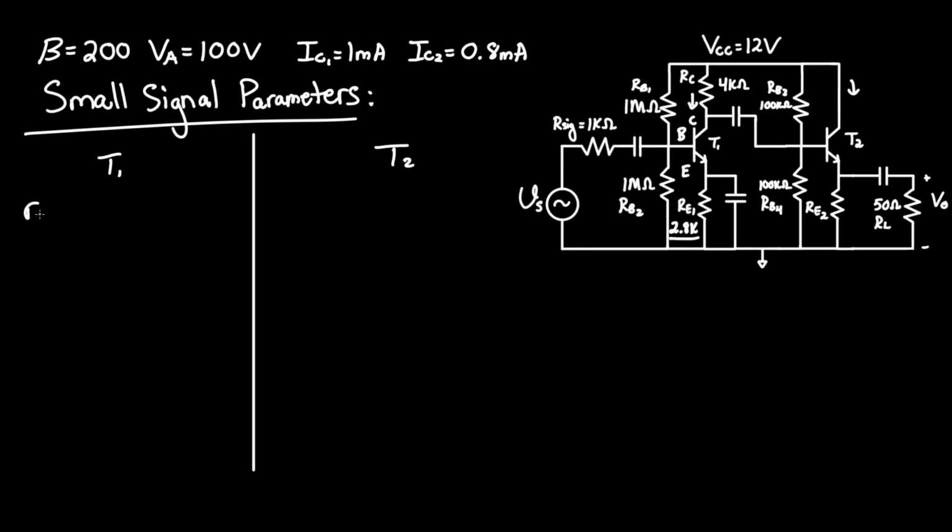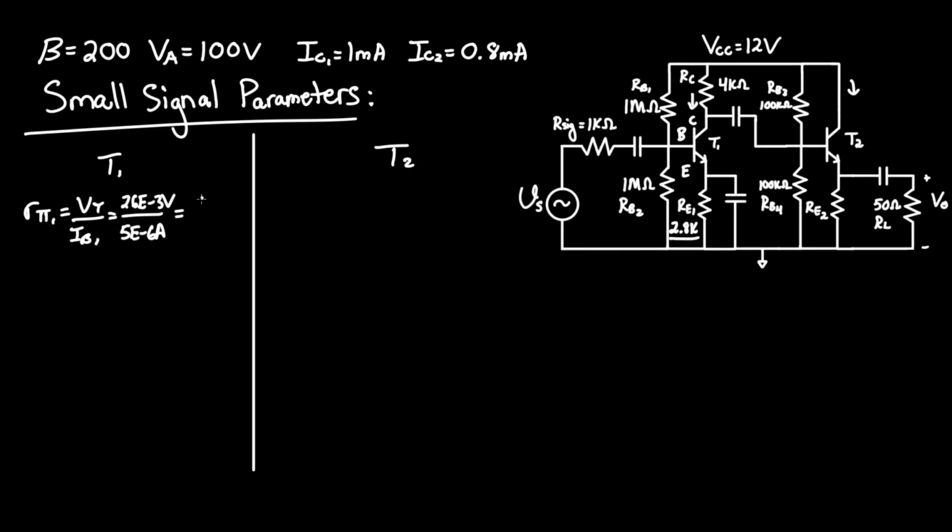So R pi 1 for T1 equals thermal voltage VT over IB1, since we are considering IB1 going from here. This will equal 26 millivolts over our evaluated 5E negative 6 amps or 5 microamps.